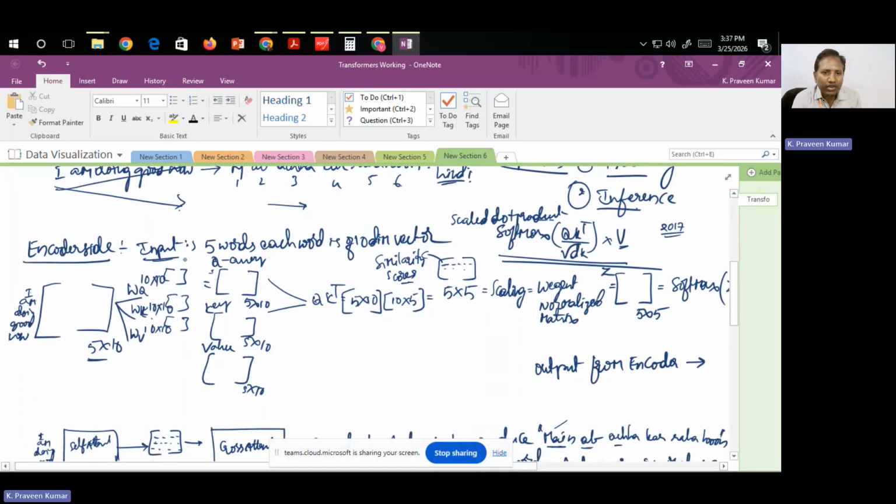On the encoder side, the input has 5 words, and each word is a 10-dimension vector. So "I am doing good now" is a matrix of 5 cross 10. Vaswani used a method called self-attention to produce the contextualized vector.